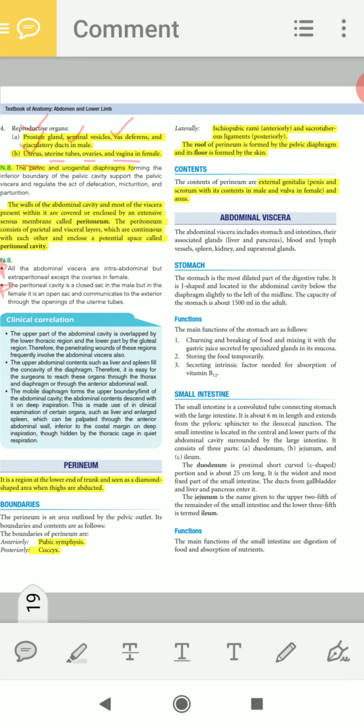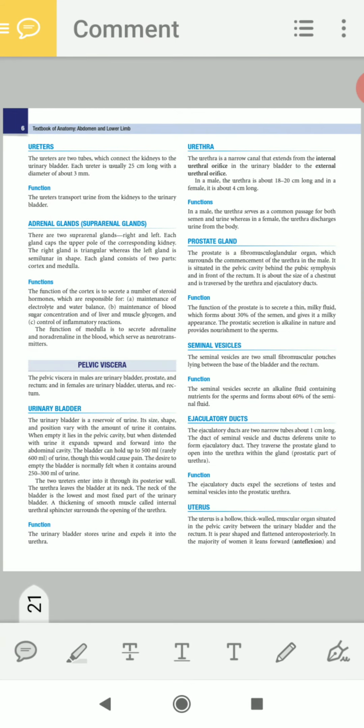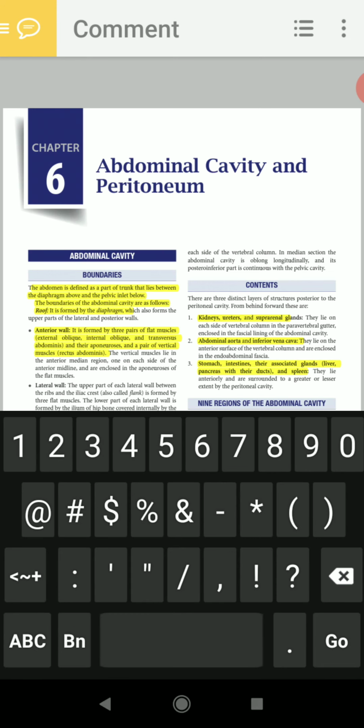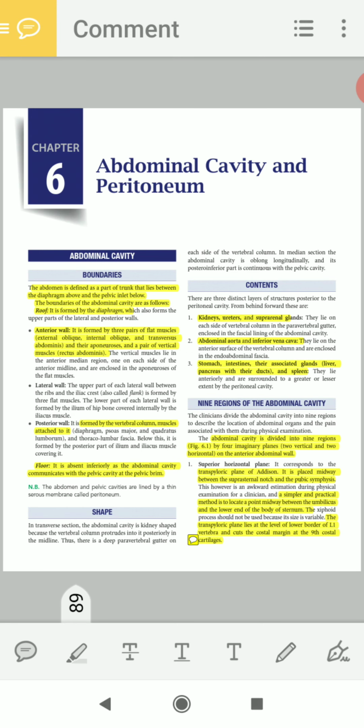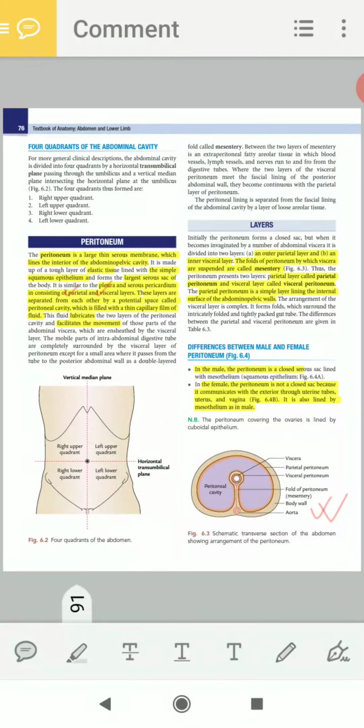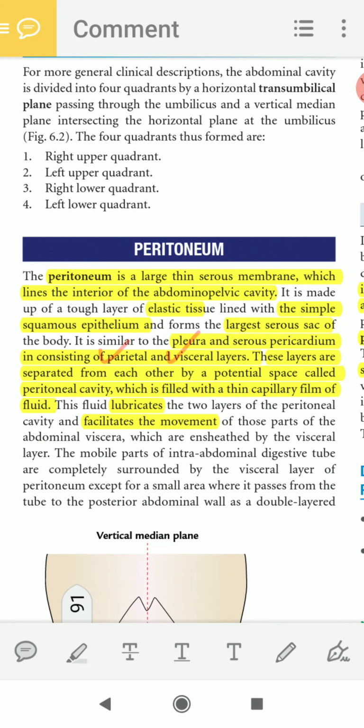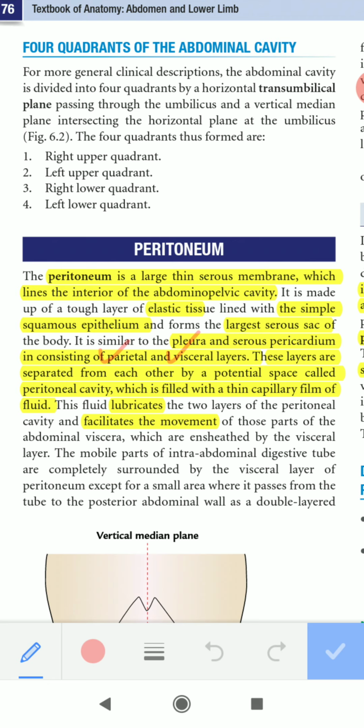Now we will learn more about the peritoneum. It is a thin serous membrane made up of a tough layer of elastic tissue, lined with a simple squamous epithelium.